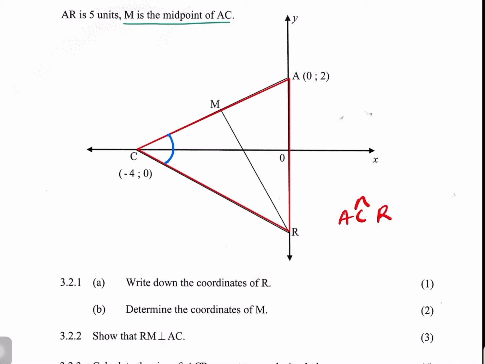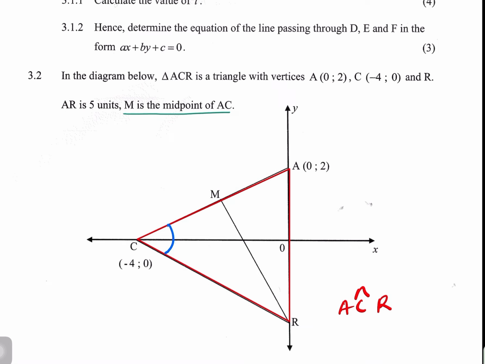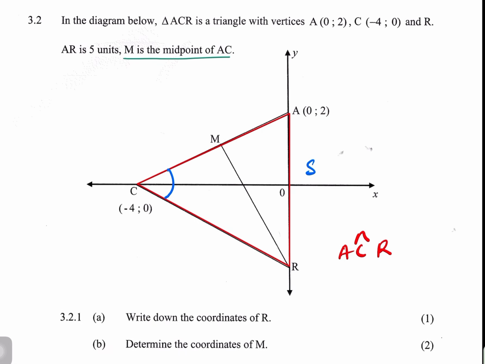So you can get this particular angle if you know the opposite side of that, and we were given it's 5 units. That is AR in this triangle. So AR was given here. So it's 5 units.